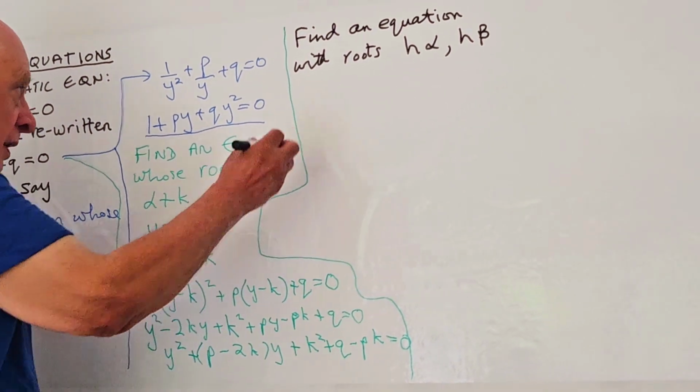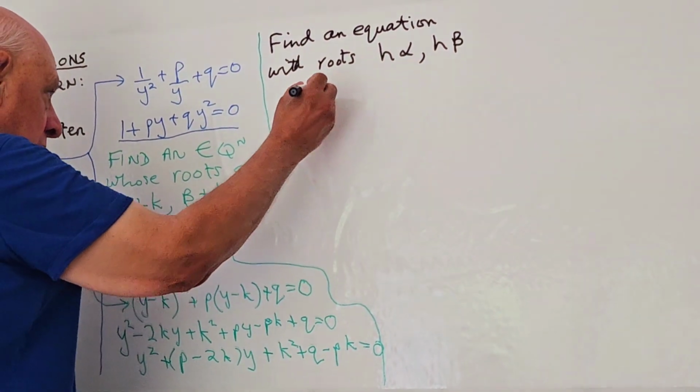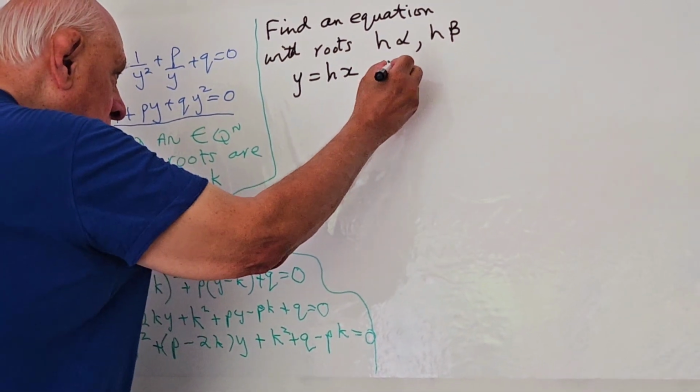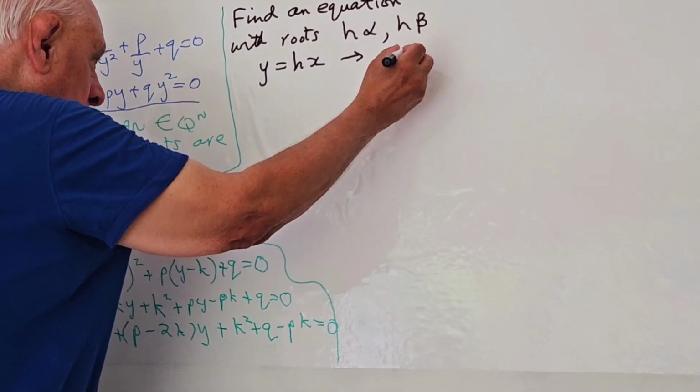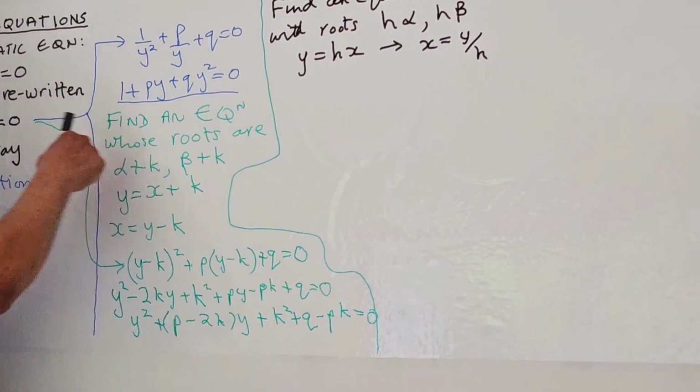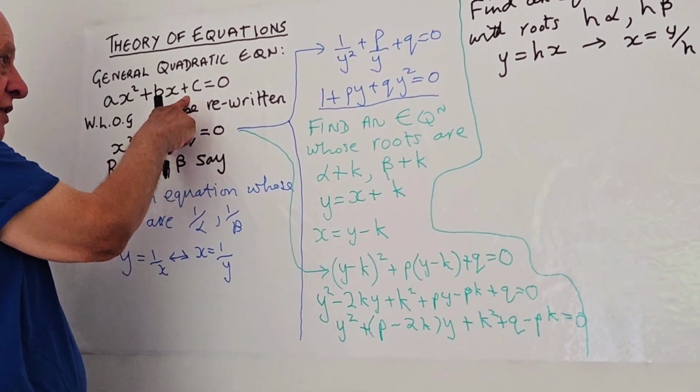Okay, so this time y is equal to h times x. In other words, x is equal to y divided by h. And now substitute back into our original equation here.